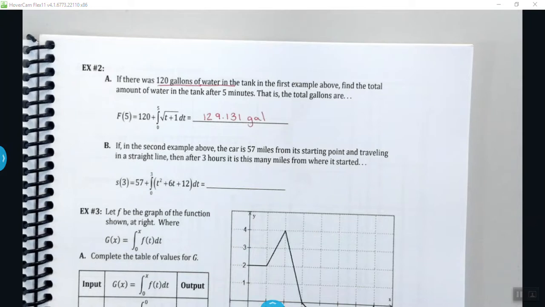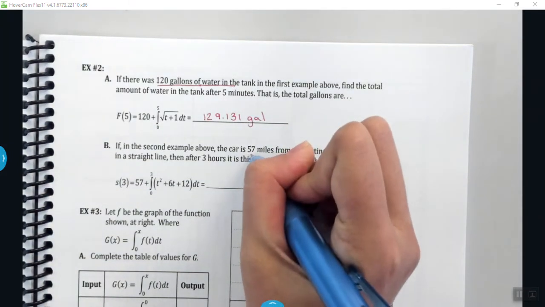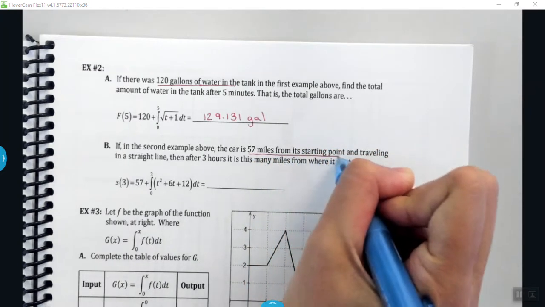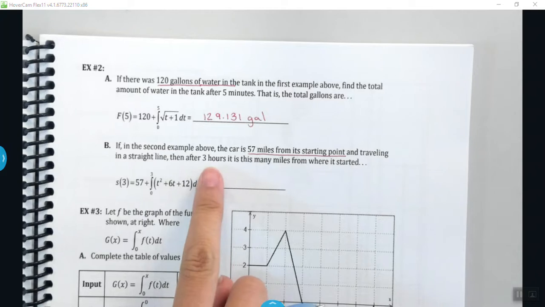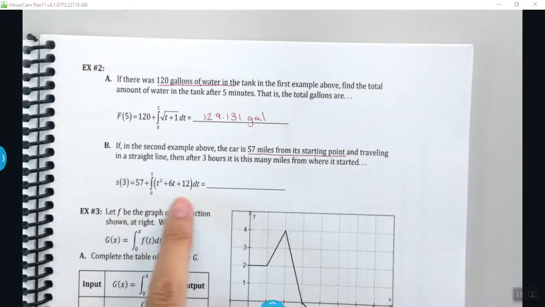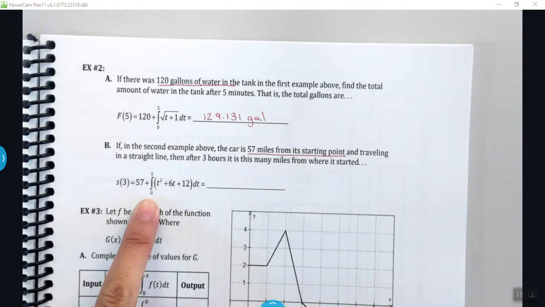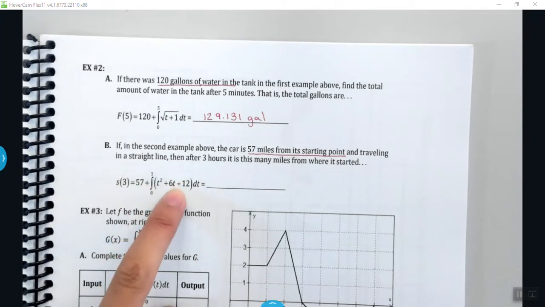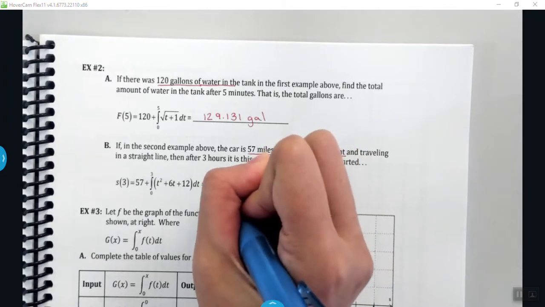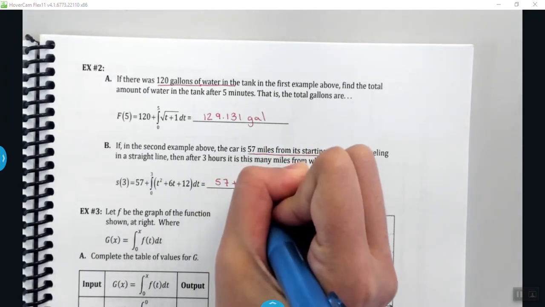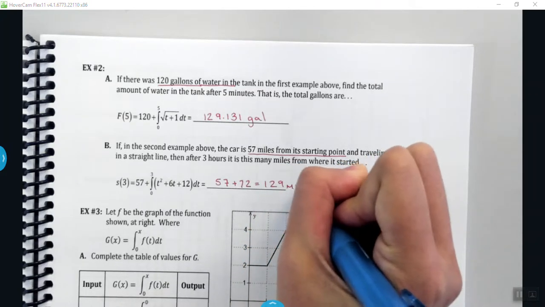Okay. Same with the second example. If I said the car is 57 miles from its starting point, and then traveling after 3 hours, where is it? Then you would do 57 plus your total change from 0 to 3, and you would get 57 plus 72, which is 129 miles.